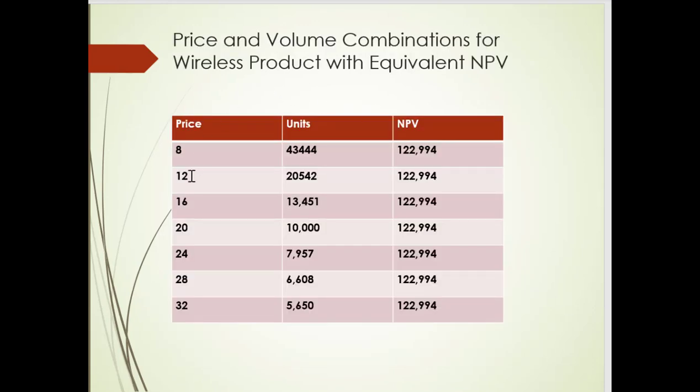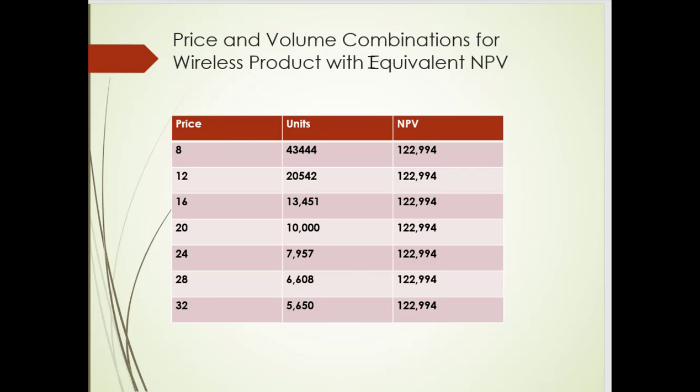Can we find out, well, what is the price? If this is our price range, here's our average net present value. How can we find the units to sell?